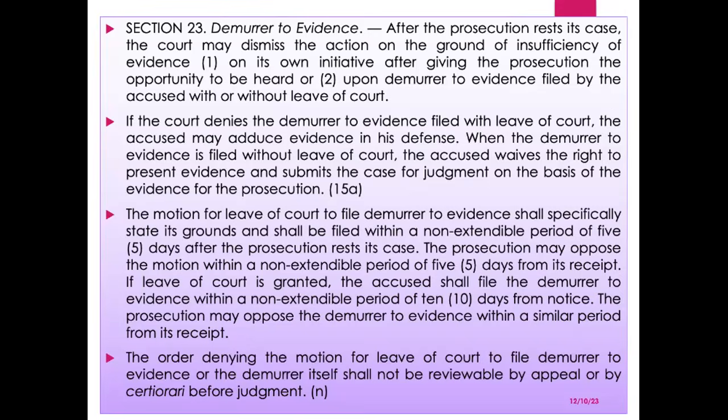When you file a motion first and the judge allows you to file your demurrer, you file a motion for leave to file a demurrer to evidence. If it is granted, you will be considered to have filed your demurrer to evidence with leave of court. If it is denied and you still file your demurrer to evidence, you will be considered to have filed it without leave of court.